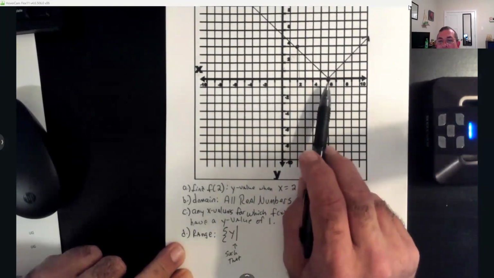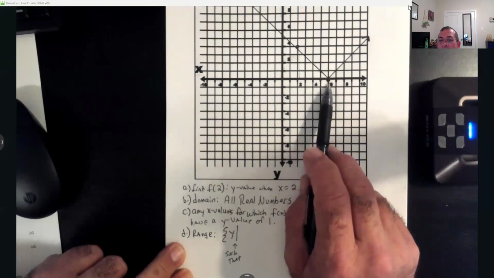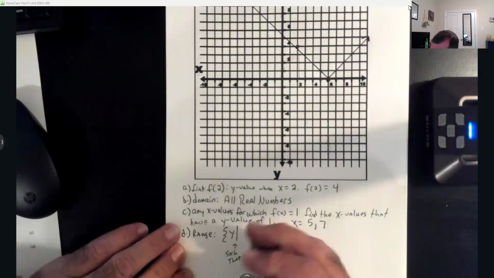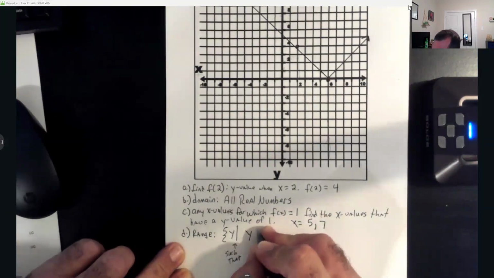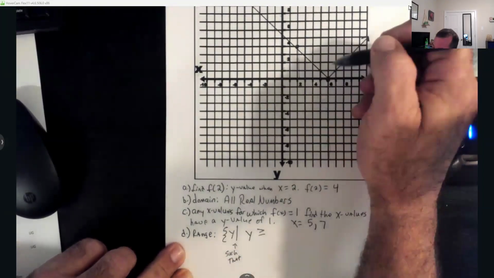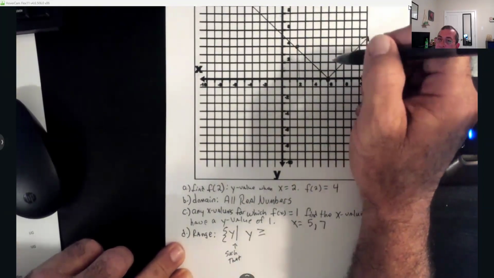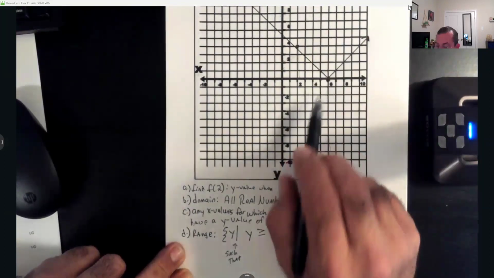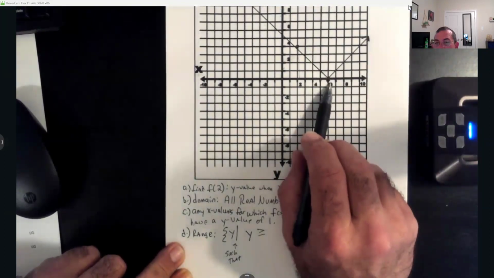We know that y is the variable for the range. But what do we know about this range? The y has to be greater than or equal to, because notice it's going upwards, not down, the smallest y value, which was 0.